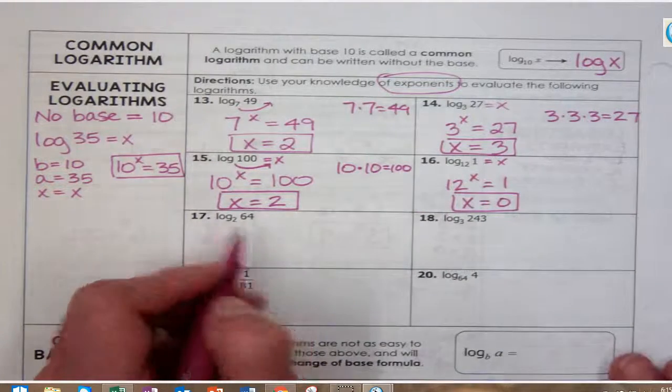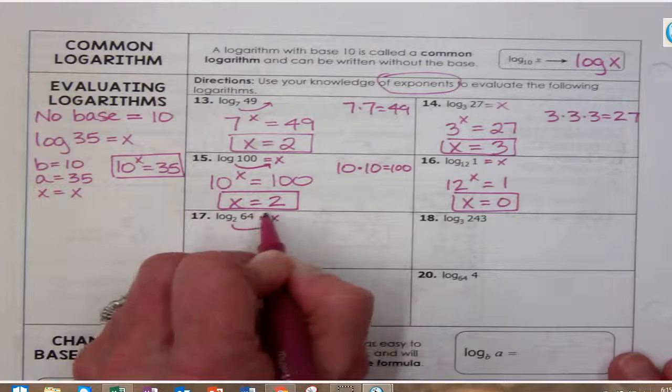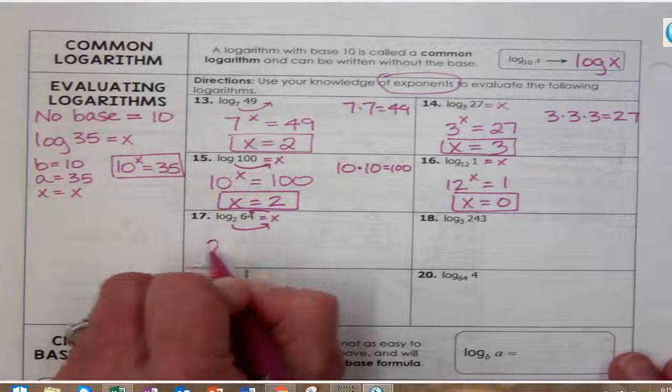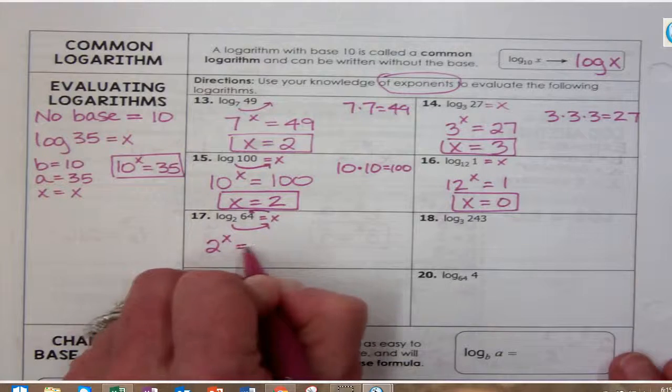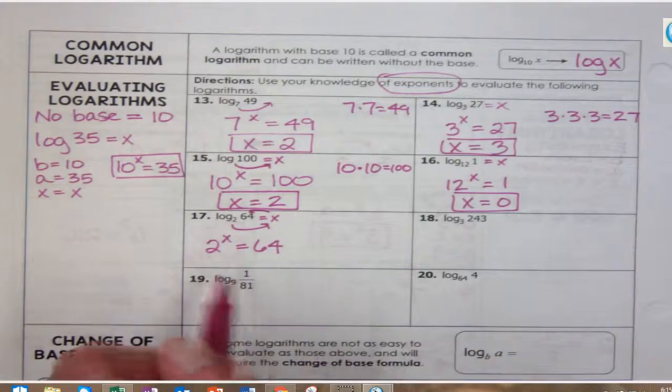So then I've got this. 2 raised to what power is going to give me 64? Log base 2 of 64 is basically saying what is 2 raised to the power to give me 64?